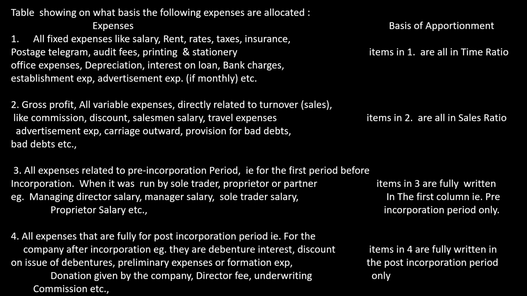For example, the first point in the table says all your fixed expenses like salary, rent, rates, tax, insurance, depreciation, postage, telegram, audit fees, printing and stationery, office expenses, interest on loan, bank charges, establishment expenses, and advertisement if it is given on a monthly basis. Advertisement, if given on a monthly basis, is taken as time ratio.